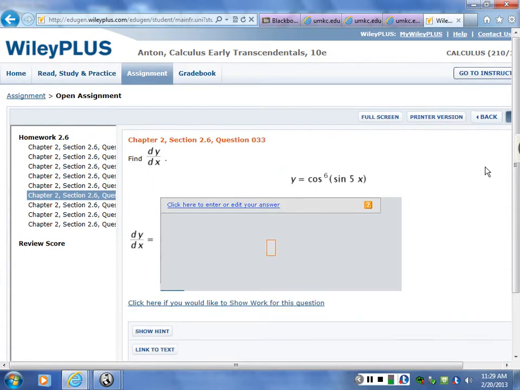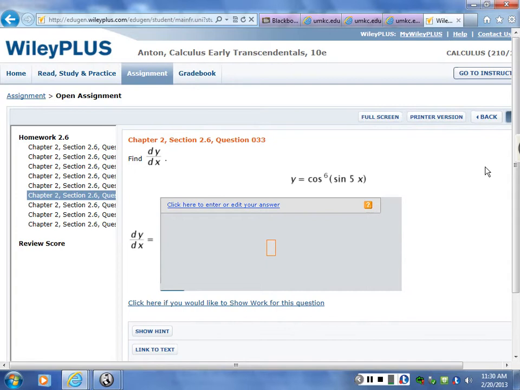Wiley is very generous the way they let you enter answers in chapter 2.6. As long as you're correct, if you have 2 times 4 and you don't put 8, you put 2 times 4, Wiley's going to accept it. We played around with that last class period, and I was surprised how non-simplified they accepted the answer.